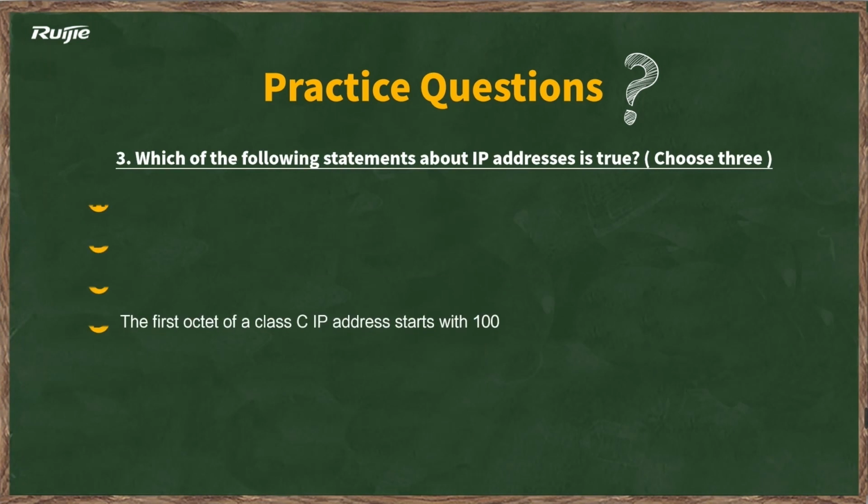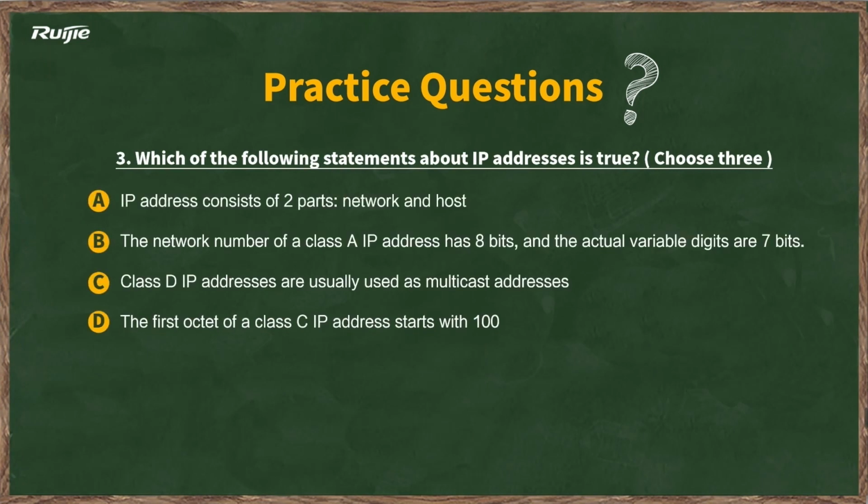And the next question is, which of the following statements about IP address is true? Please choose 3 correct answers. Option A, IP address consists of 2 parts, network and host. Option B, the network number of a Class A IP address has 8 bits, and the actual available digits are 7 bits.